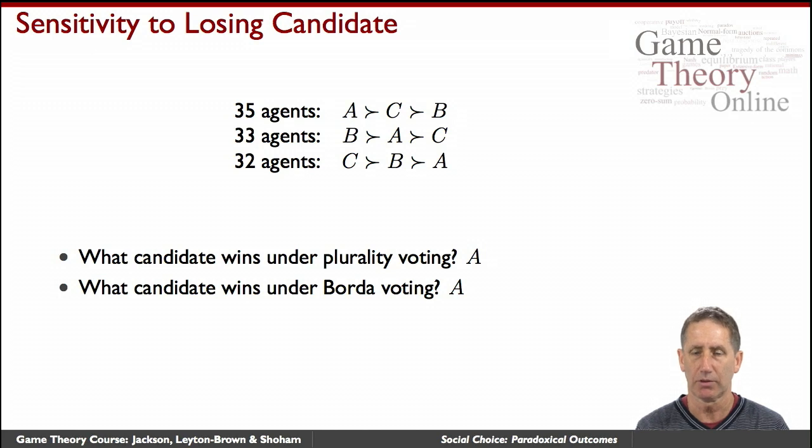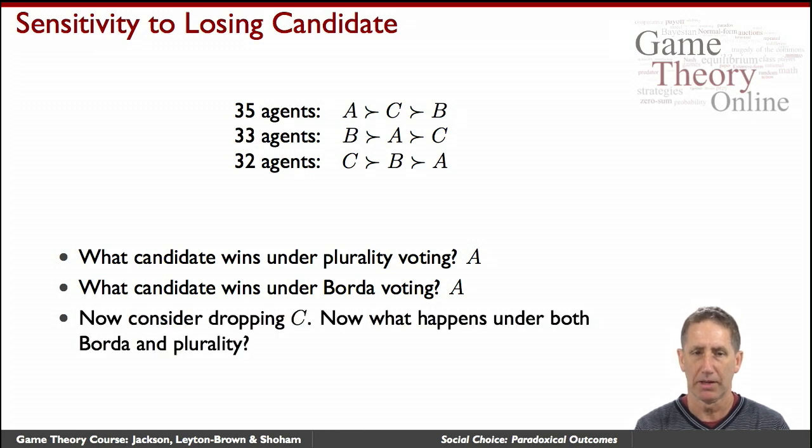So this looks very good. But now what happens if C drops out? C realizes that he has no chance of winning the election and drops out. Now what would happen under both plurality and Borda? You might want to pause for a second the video and think about it.